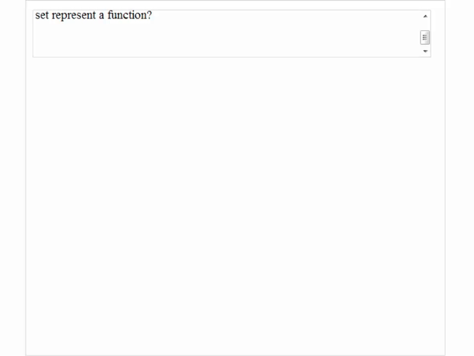For the given set relation (2, 1), (3, 5), (4, 1), find the domain and range. Does this set represent a function? To find the domain, we read the x value of each ordered pair. So the domain of the relation will be 2, 3, and 4.